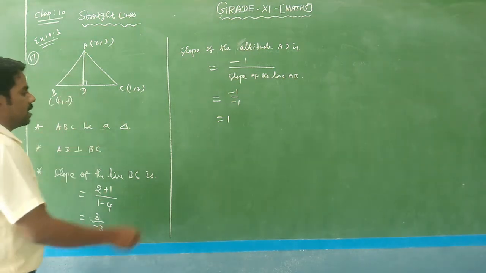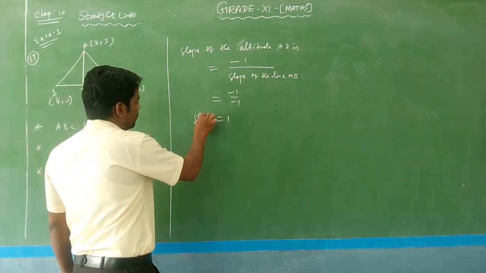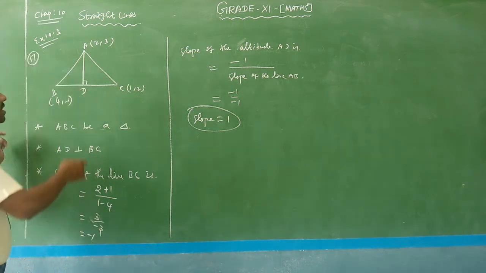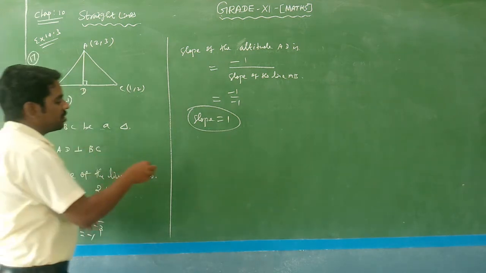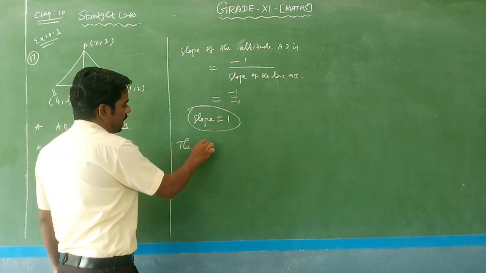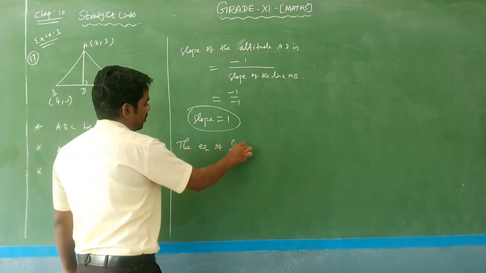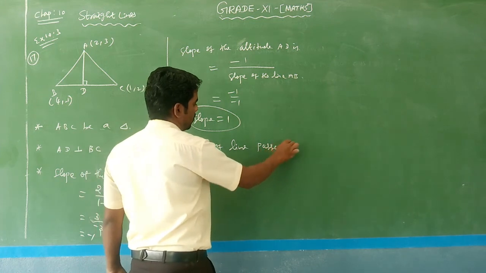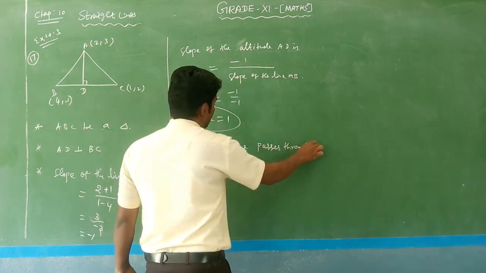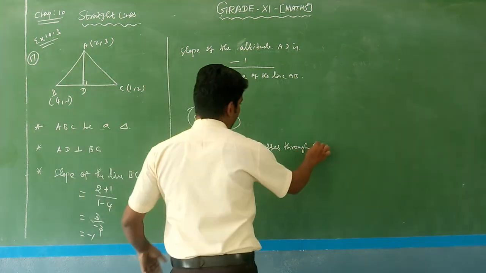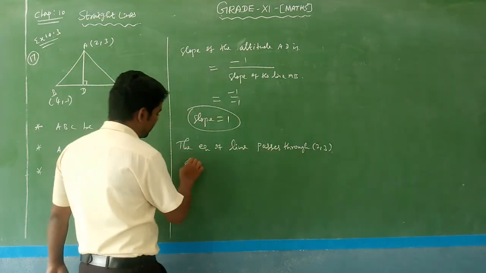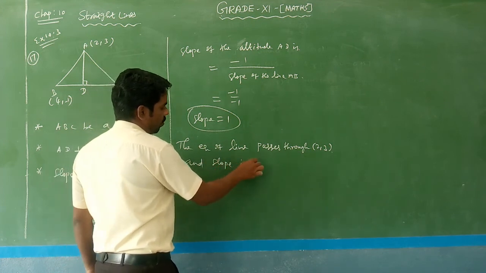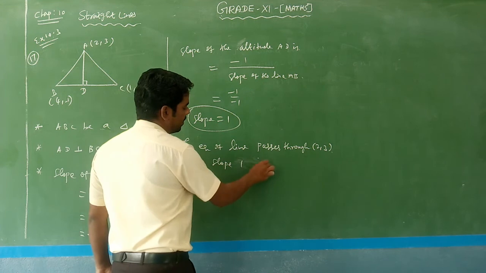Okay. Right. So m, the slope, is 1. First of all, find the line equation. The equation of the line passing through the vertex (2, 3) and slope 1.